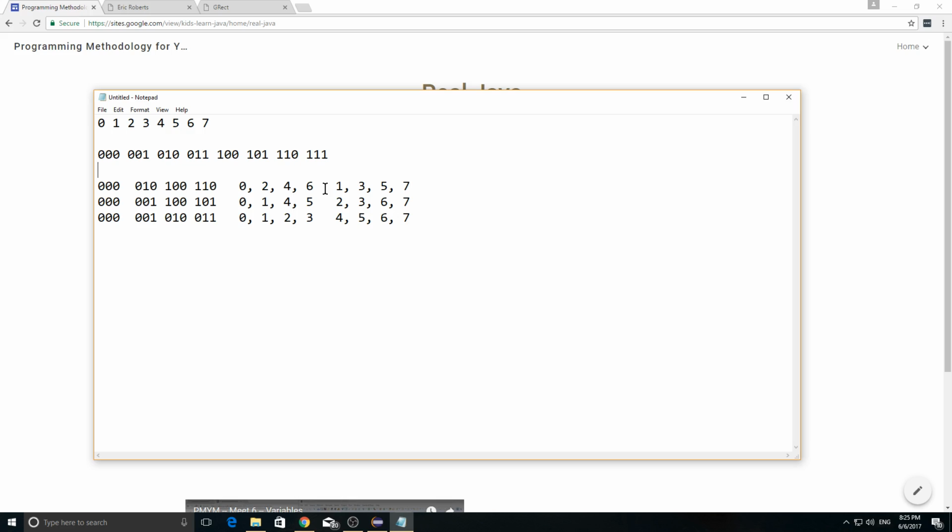If the answer is yes to the first group, you add 1. If the answer to the second group is yes, you add 2. If the answer to the third group is yes, you add 4. If it's none of them, it's 0. So that way it's easier for you.